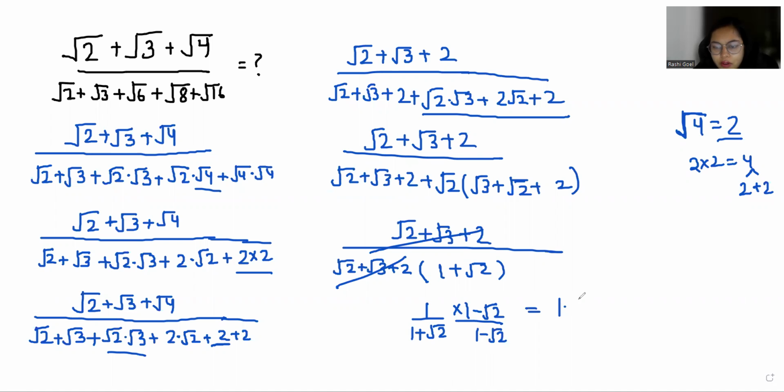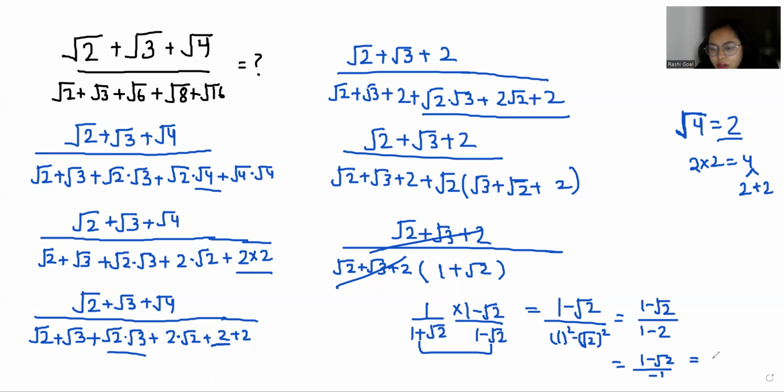So in the numerator 1 minus square root 2, and here it becomes a very famous identity, a plus b times a minus b, which is equals to a square minus b square. So 1 minus square root 2 by 1 minus 2. So 1 minus square root 2 by negative 1, which is equals to negative 1 minus square root 2. So square root 2 minus 1 is the final answer.